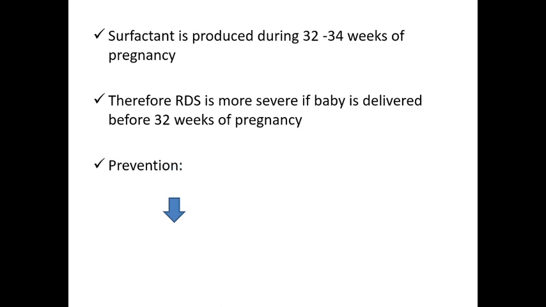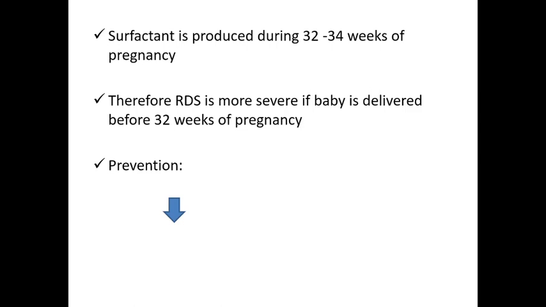Sometimes we may want to deliver the baby preterm because of some medical condition in the mother or in the fetus, or due to some obstetric complication in the mother, due to which pregnancy cannot be continued further because it's dangerous either to the mother or to the baby.